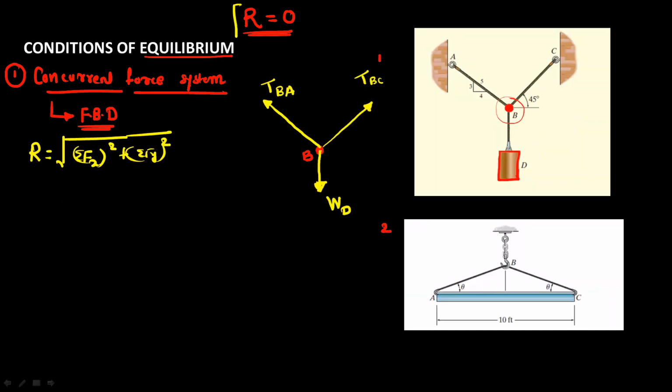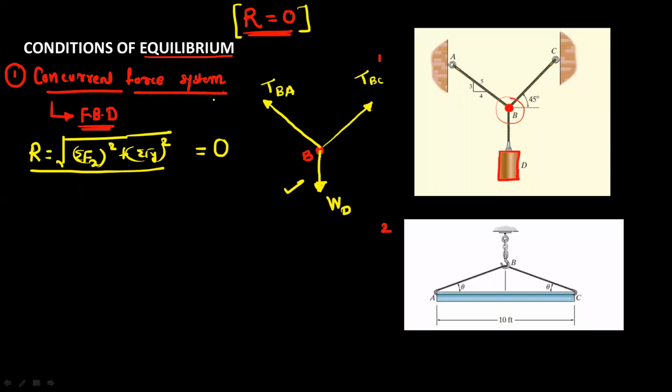Equilibrium means the resultant must be 0, so we equate this equation to 0, and then we can say this concurrent force system is in equilibrium. There is no resultant in the system. In order to make this equation 0, both these terms must be 0, that means summation Fx has to be 0 and summation Fy has to be 0.